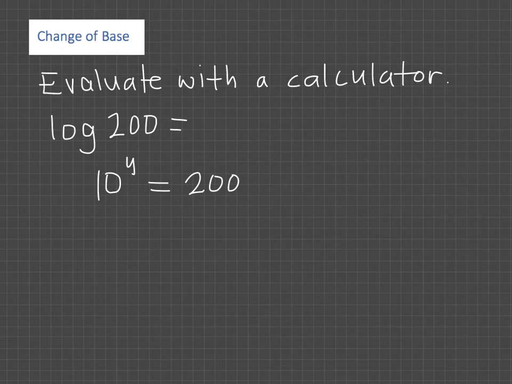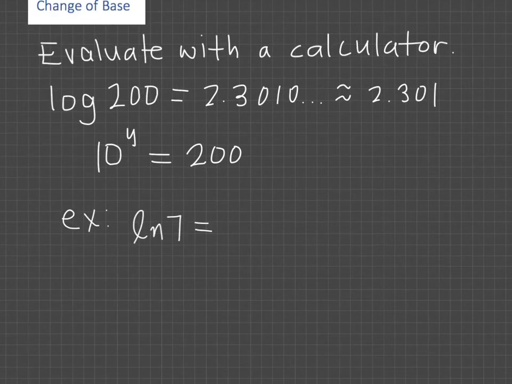So if we plug log 200 into the calculator, that results in 2.3010, and this continues on. It's an irrational number, so it doesn't terminate or repeat. We can round to, let's say, 3 decimal places. We get 2.301.